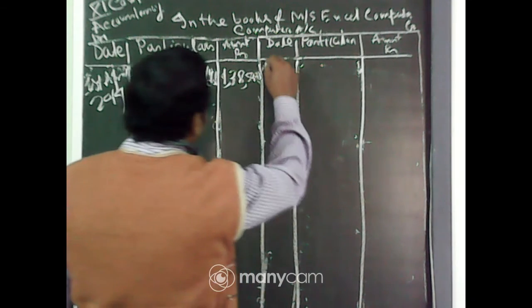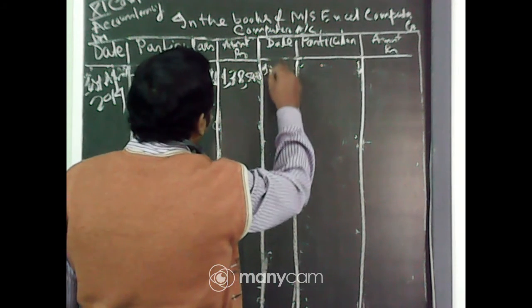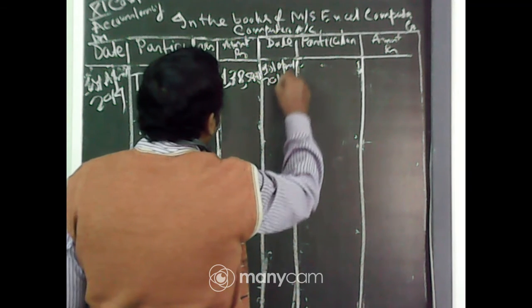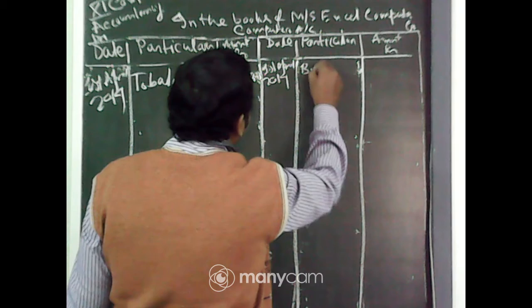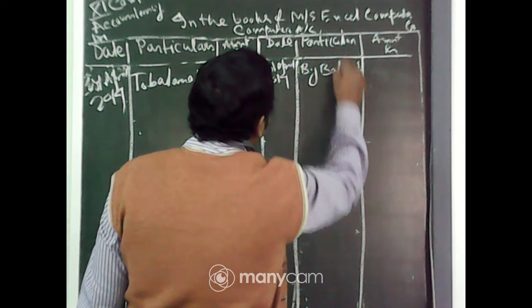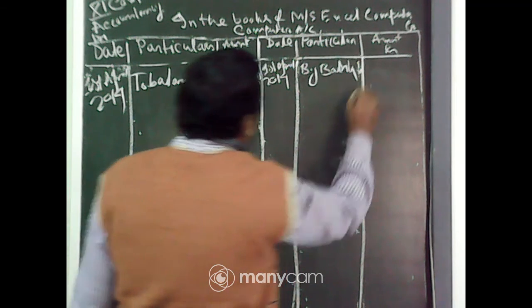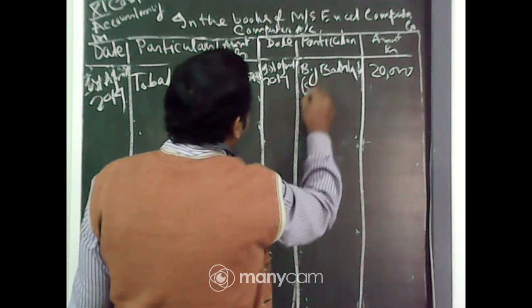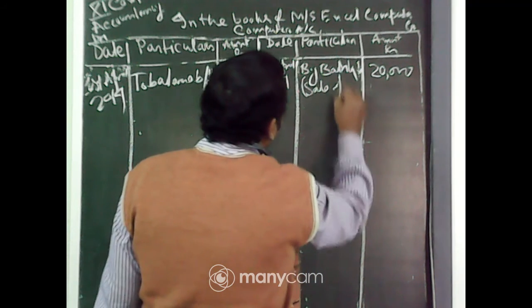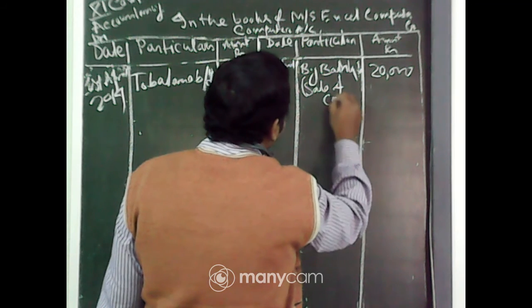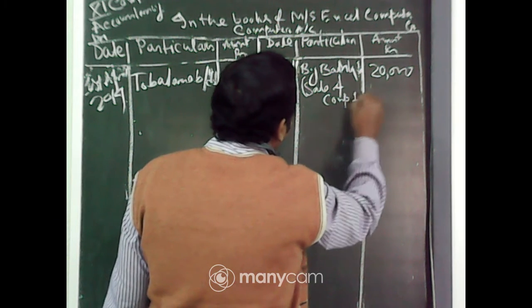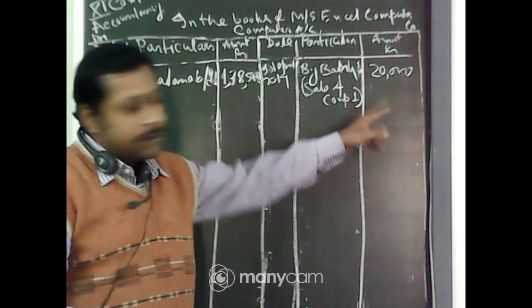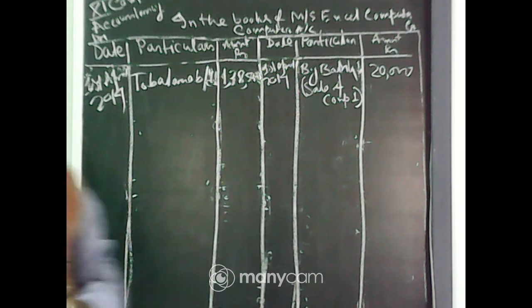So here 1st April 2014, by bank 20,000, you just write down, that is sale of computer 1.